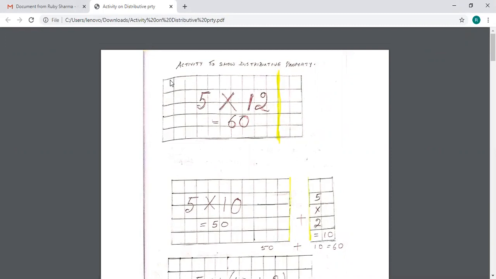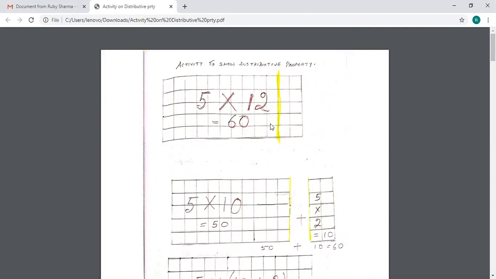And I divided it into 1 centimeter squares. So total, when you count the squares, as you had done in area sums, when this is 1 centimeter length and breadth of each square, here there are how many squares? 60 when you count. And also 5 into 12 is 60.